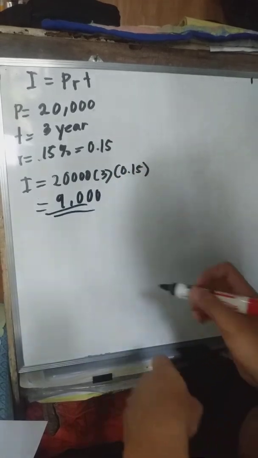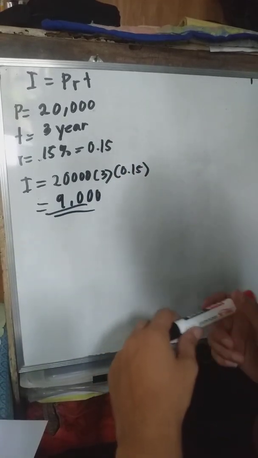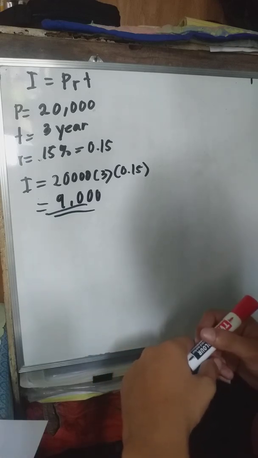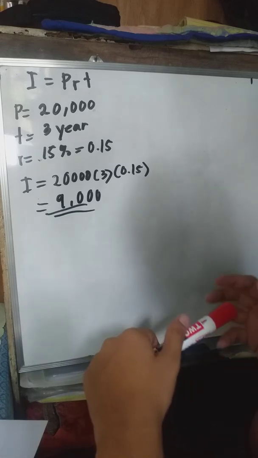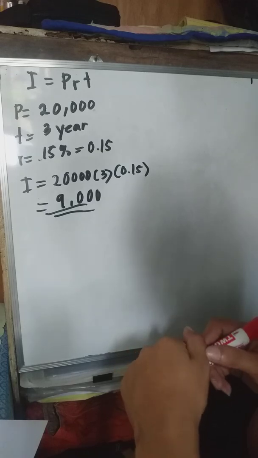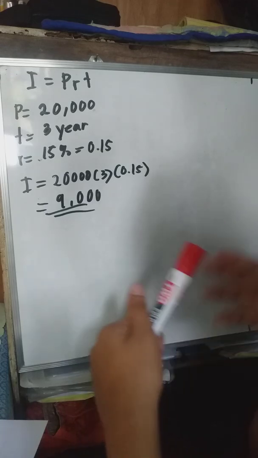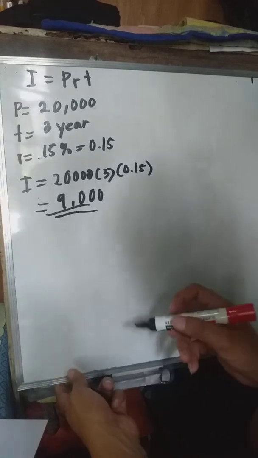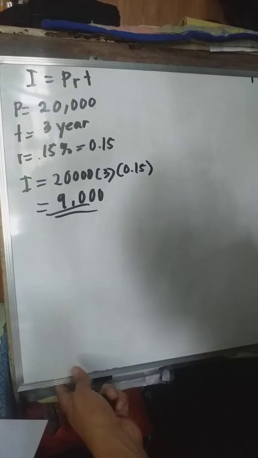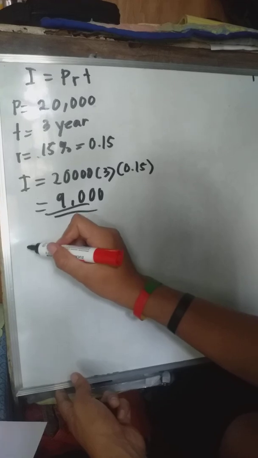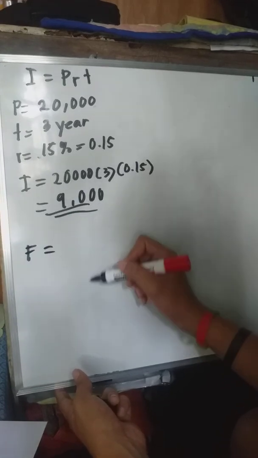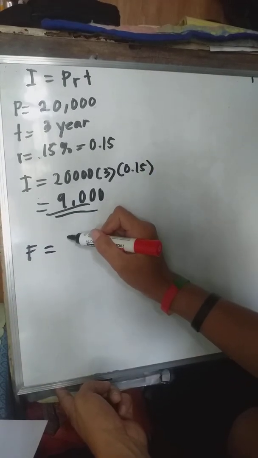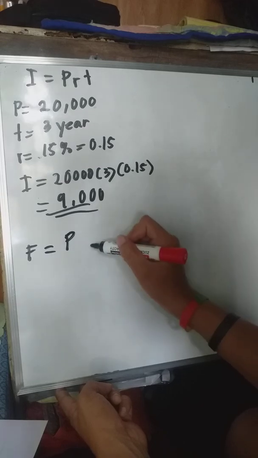Okay? So, ang hiningi sa problem ay the total amount na babayaran ni Raymond after 3 years. So, nangutang siya ng $20,000 plus the interest. So, the total amount, I'll just represent the total amount as F is equal to yung inutang niya, the P, di ba?